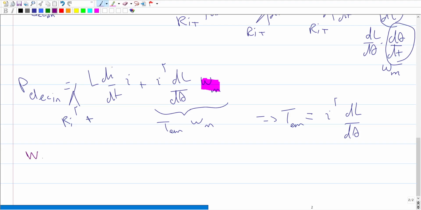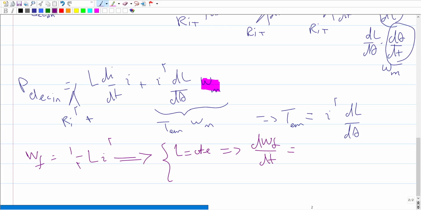See, W_f is 1/2 L i². If there is a Krause primitive machine, then the inductance is a constant, and under these conditions, if L is constant, then the rate of change of the energy stored in the inductor, or inductors in the case of multiple coils, for one coil will be simply 1/2 L di/dt times 2, which will be L i di/dt.